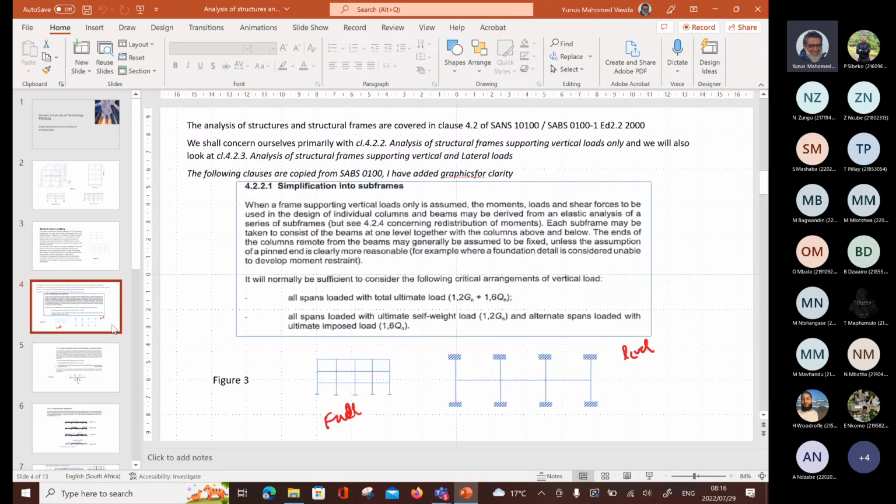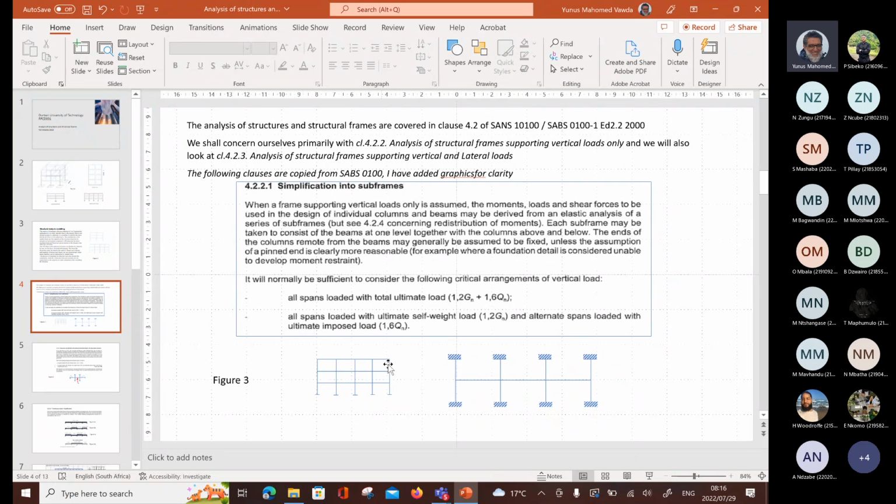And this is what the code does. This is what I use to introduce reinforced concrete design when I teach it at the next level, right? At the 3rd year level. So I'm just taking the introduction from this so you know where you're going with your subject, all right? So for example, the code allows you to simplify it into a subframe.